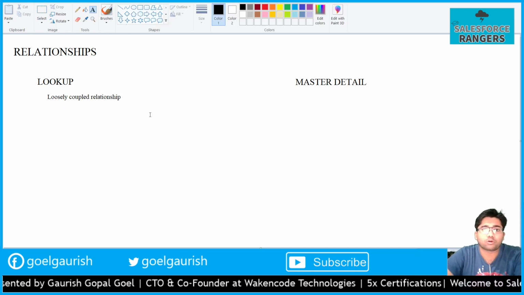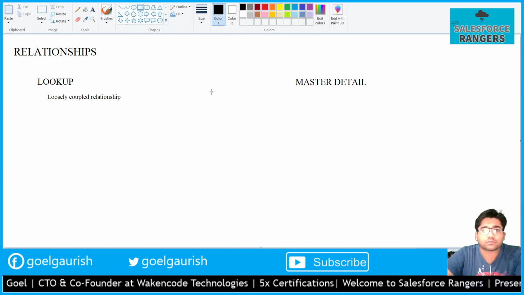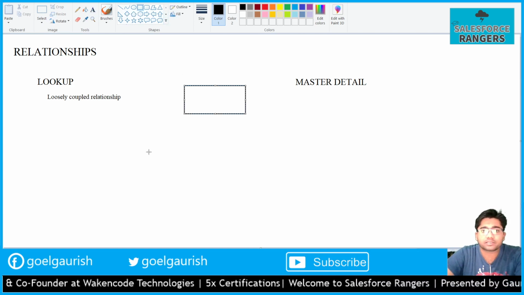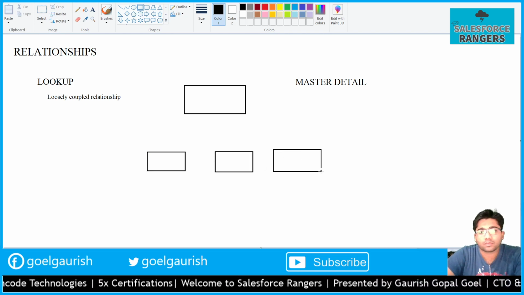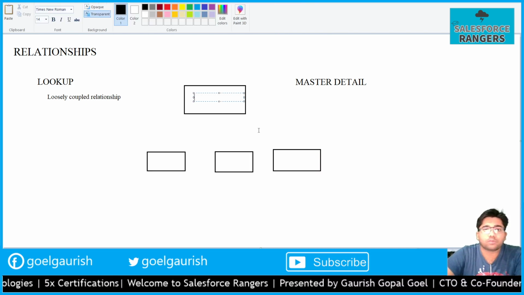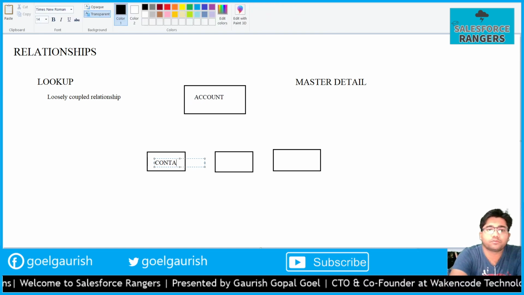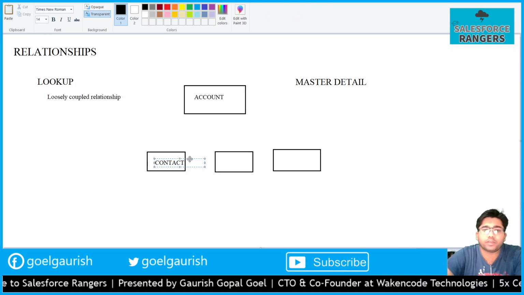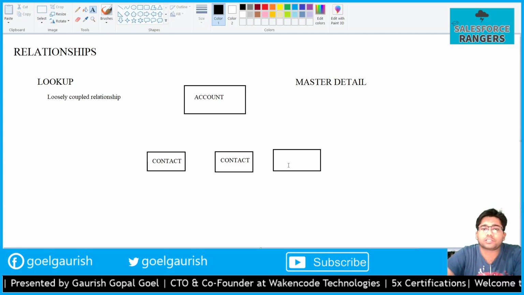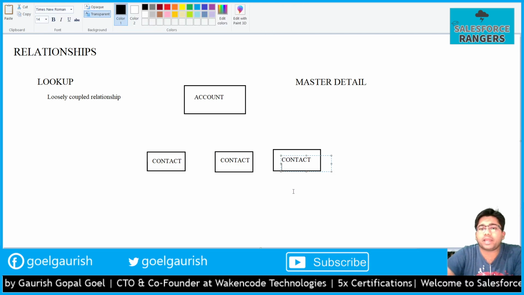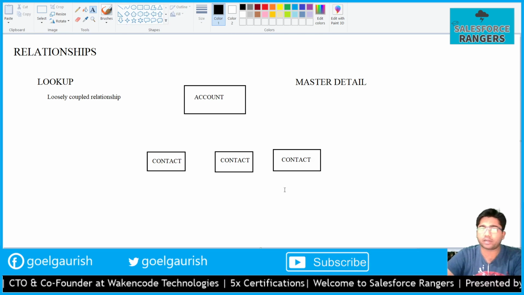So let's talk about parent and child concept. For example, there are two objects. Object one is account, and if we are familiar with Salesforce, then we all know account and contact relationship. Account is the parent and contact is the child. Means account can have more than one contact.